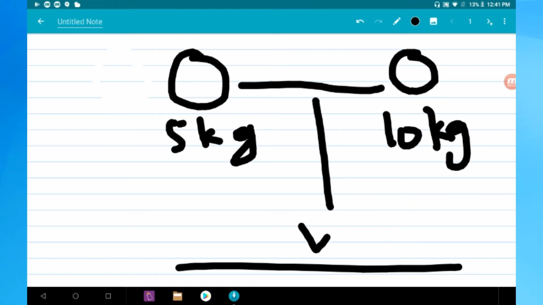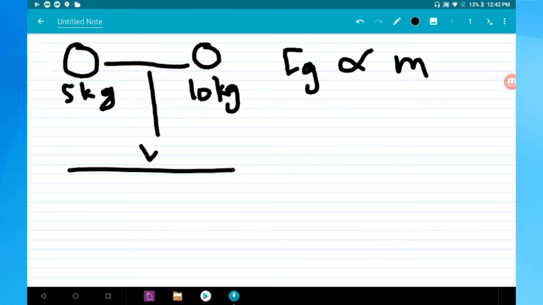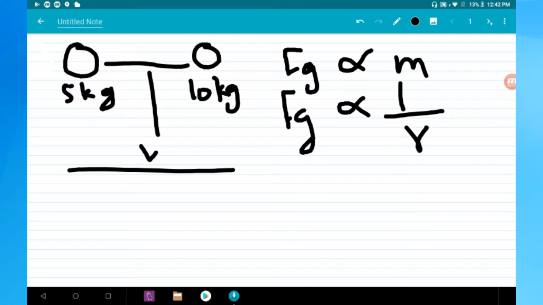This can be explained using the universal law of gravitation, which states that the gravitational force is directly proportional to the masses and inversely proportional to the square of the distance. The law is given by the equation Fg equals G M m by r squared. Fg is the force of gravitation.